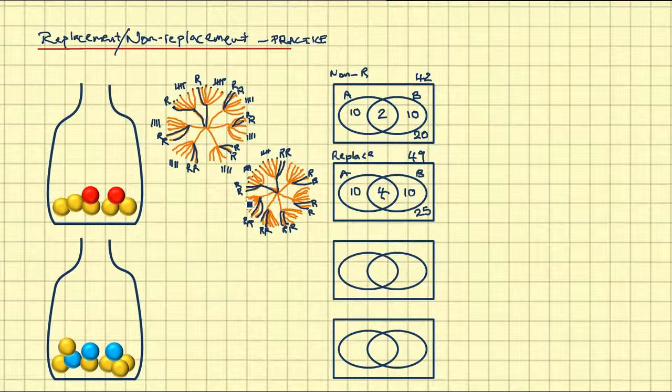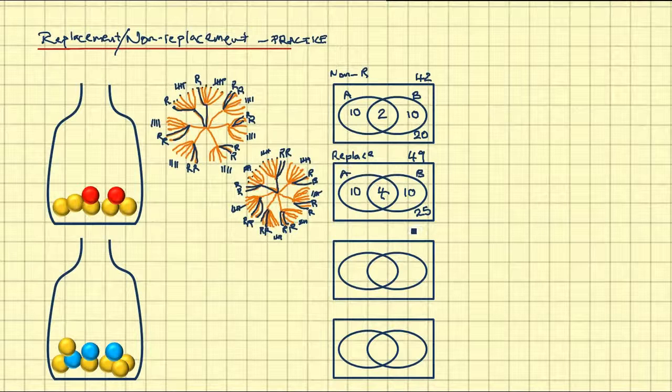So 5 here, 1, 2, 3, 4, 5. 5 here, 3, 4, 5. 5 here, here, and here. So 1, 2, 3, 4, 5. 5 times 5, 25. So that's completed our first jar and our first two Venn diagrams.